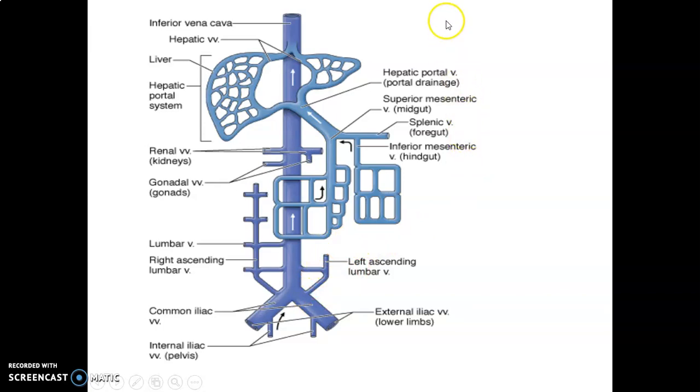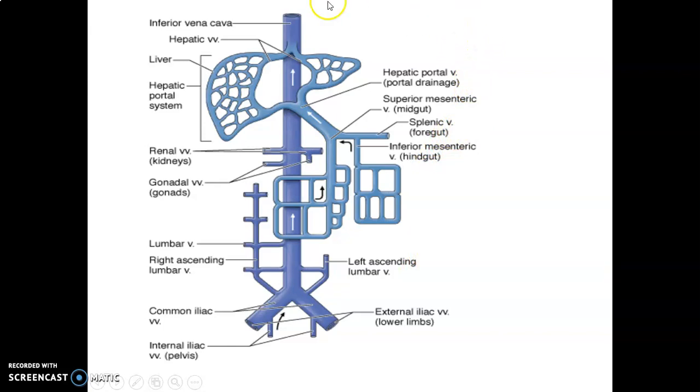From the lower limb, you use the tributaries of the inferior vena cava. They will eventually communicate with the tributaries of the superior vena cava on the anterior abdominal wall, through the axillary and subclavian vein, brachiocephalic vein, back to the superior vena cava into the heart. So you bypass the obstructed portion of the inferior vena cava.